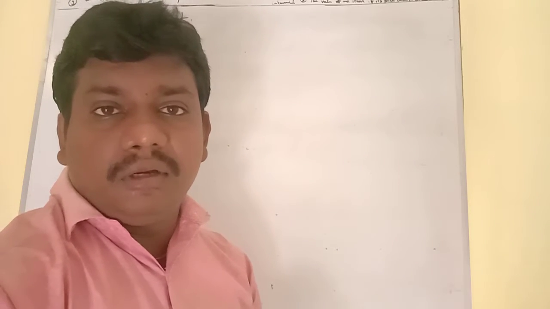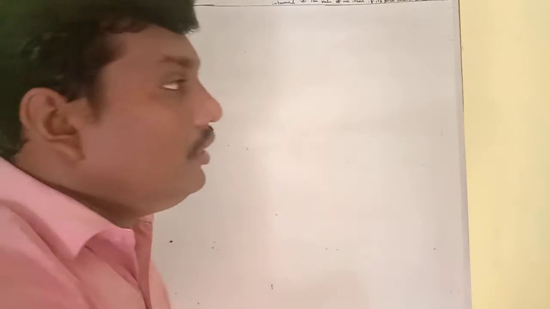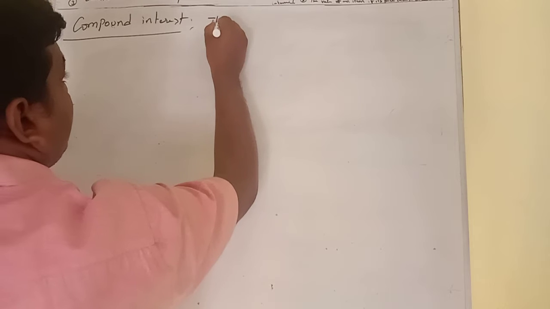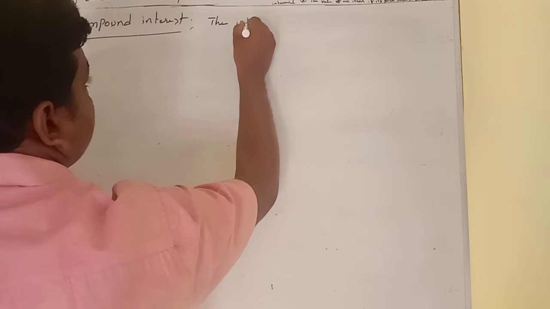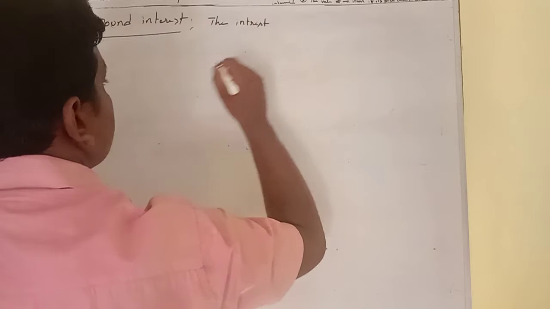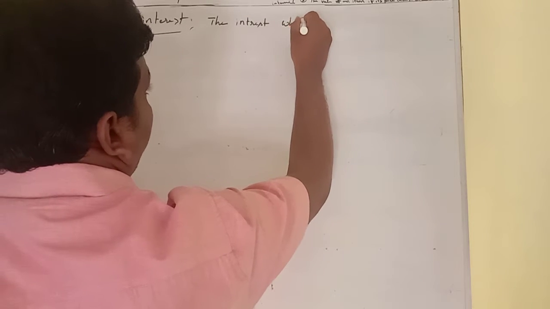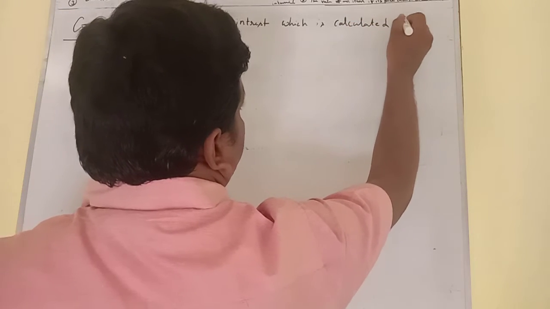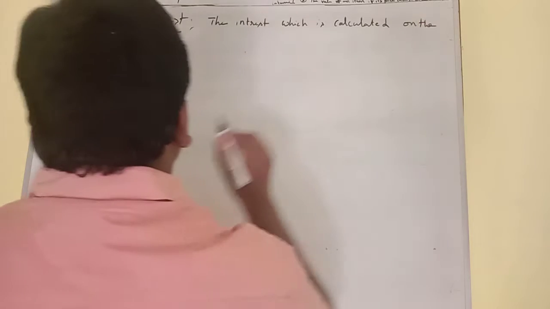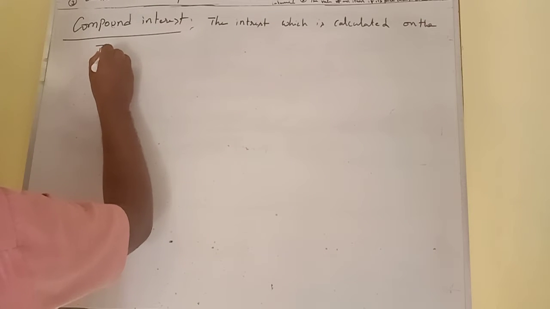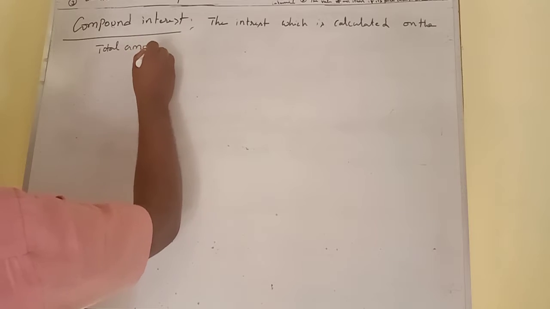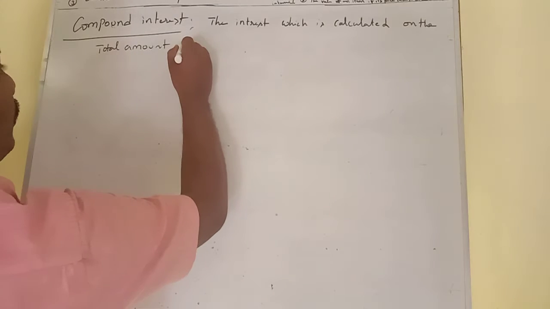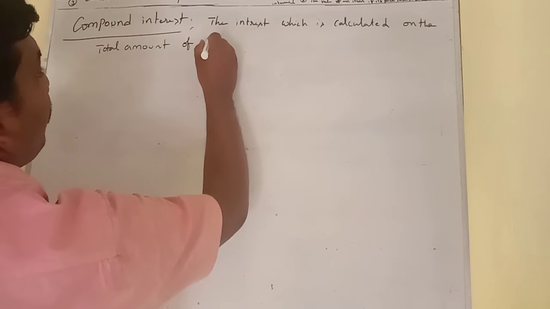Compound interest is nothing but the interest calculated on the total amount of the previous year.